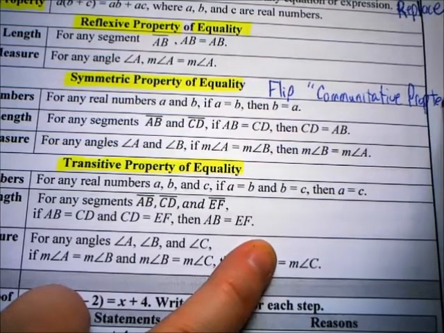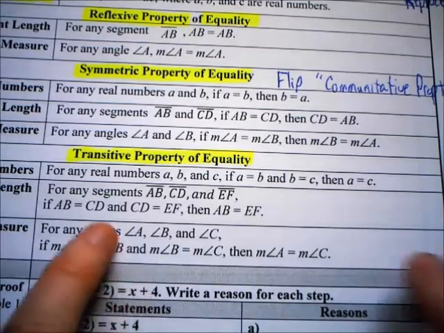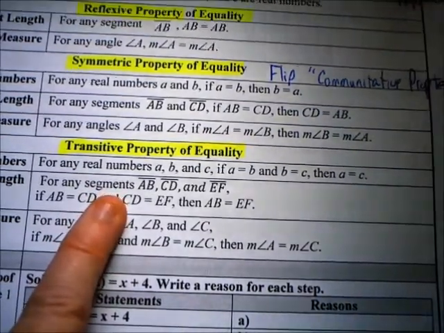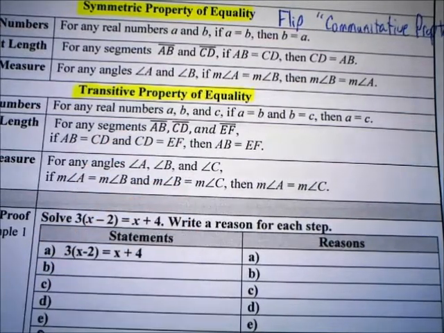All right, on transitive, this one is the traveling property. Typically it is one of the most difficult for students to follow.